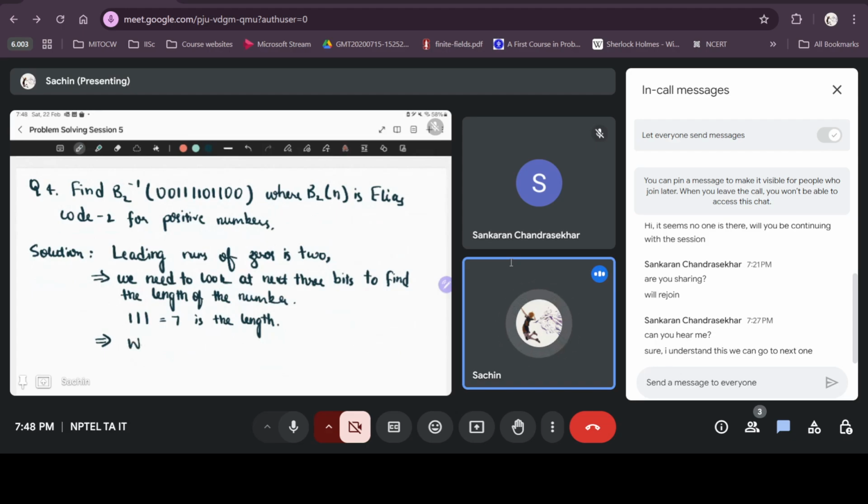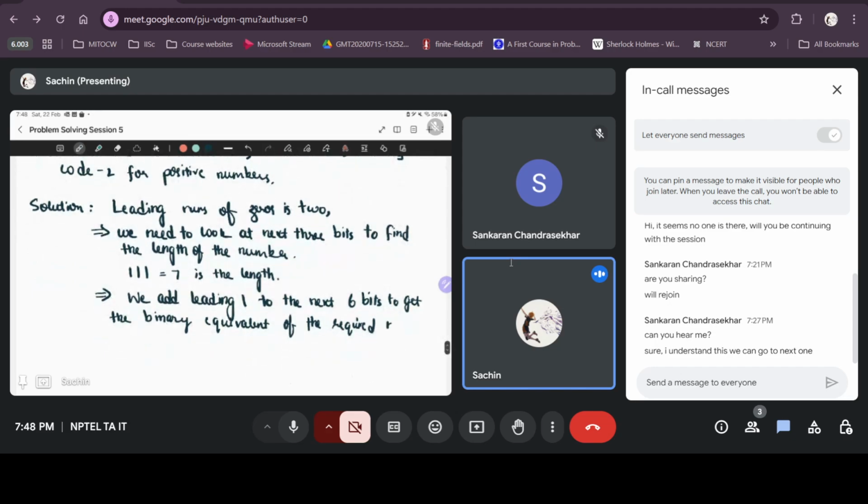So we add a leading 1 to the next 6 bits to get the binary equivalent of the required number.